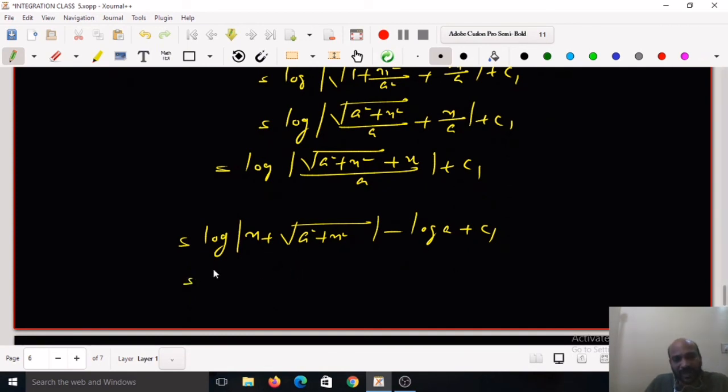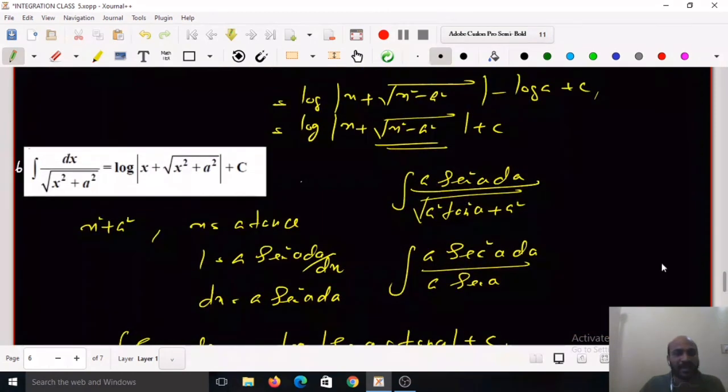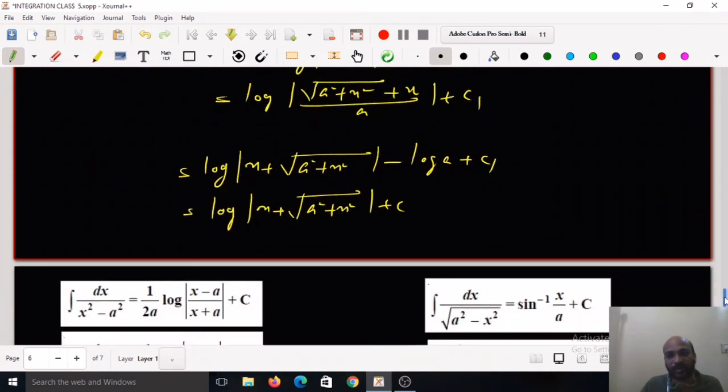So you can write final answer as log mod x plus root of a square plus x square plus c. So you can remember this result like this: dx by root of x square plus a square is log mod x plus denominator. So we derived formulas.